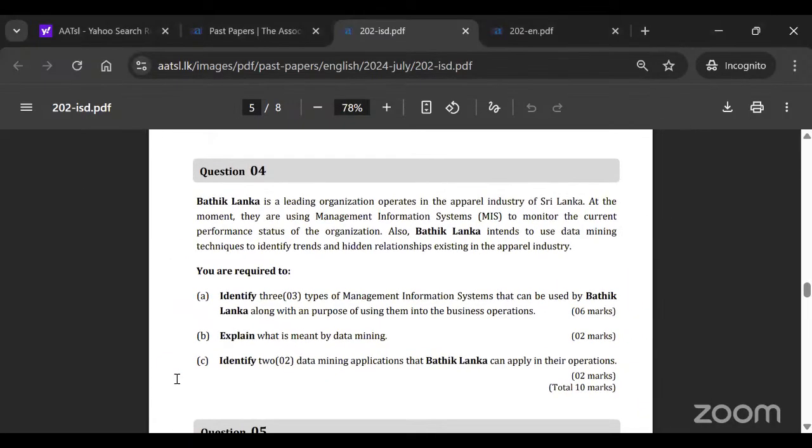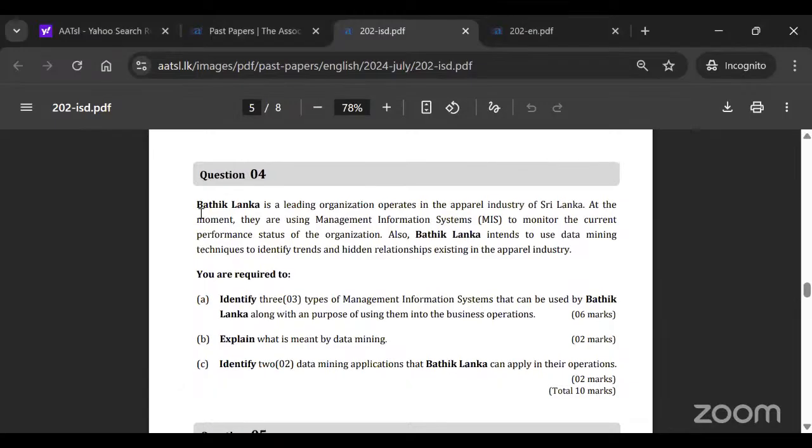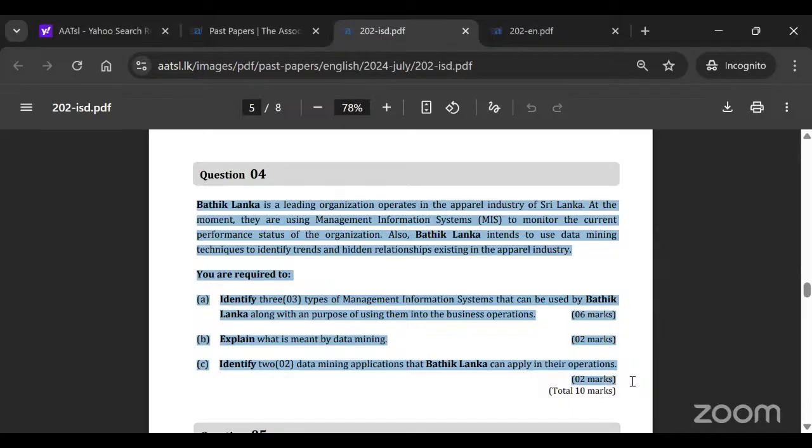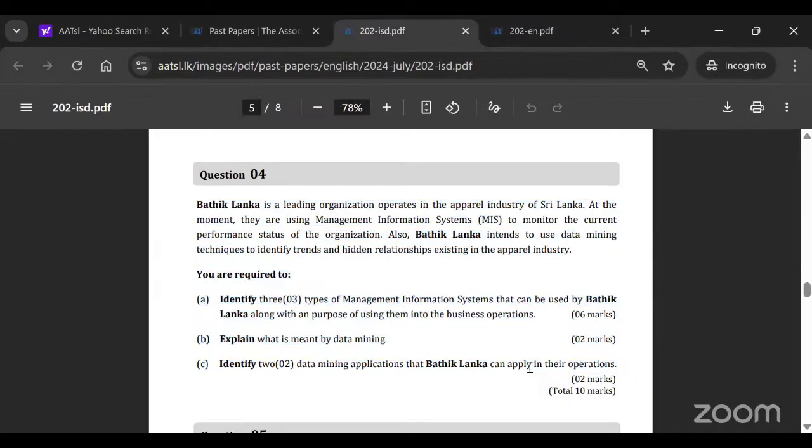Batik Lanka. Batik Lanka is a leading organization that operates in the apparel industry of Sri Lanka.